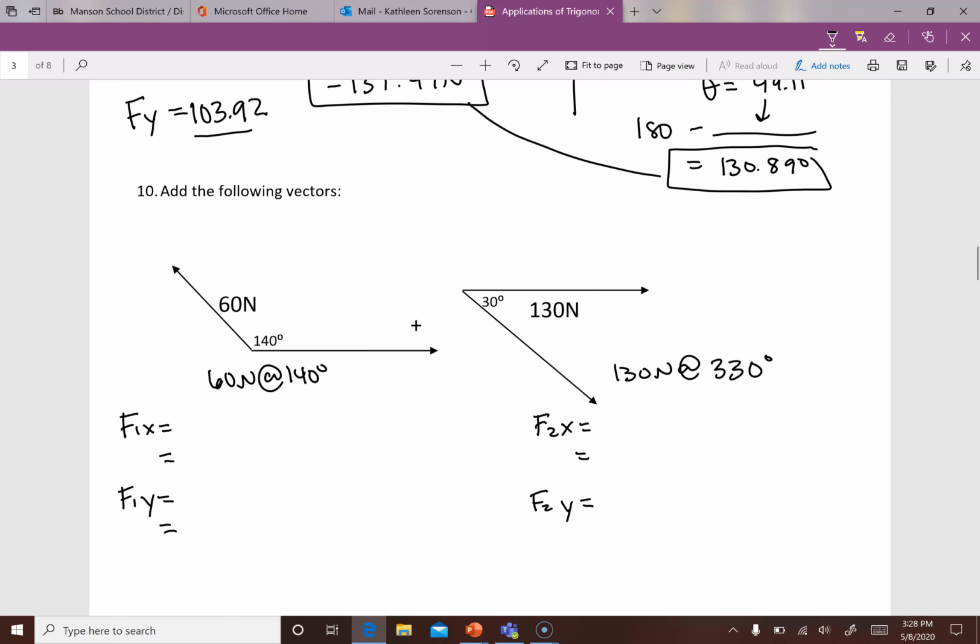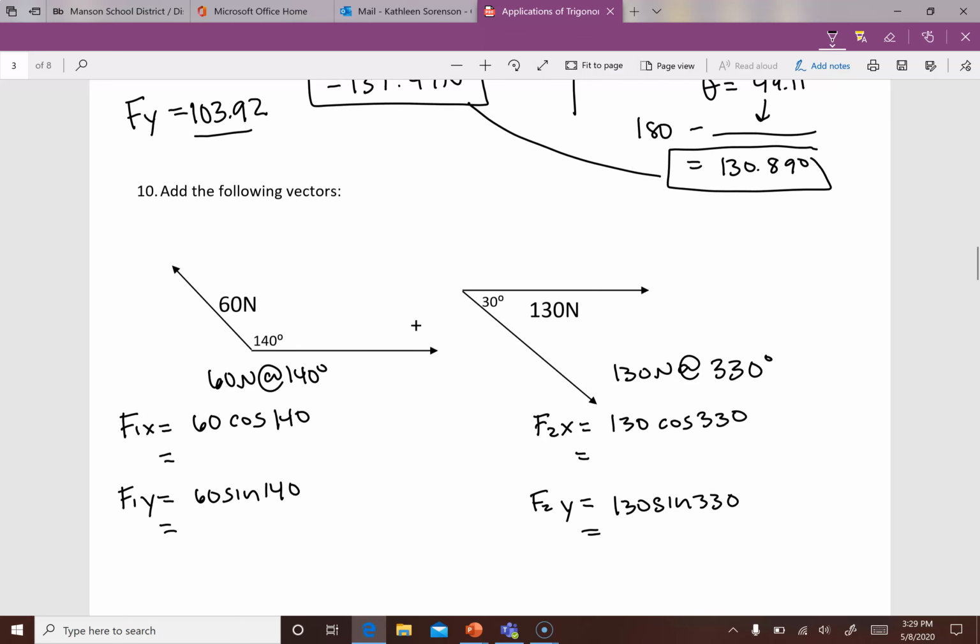Well, this is going to be 60 cosine of 140. This one's going to be 60 sine of 140. Then this one's going to be 130 cosine of 330. This one will be 130 sine of 330.